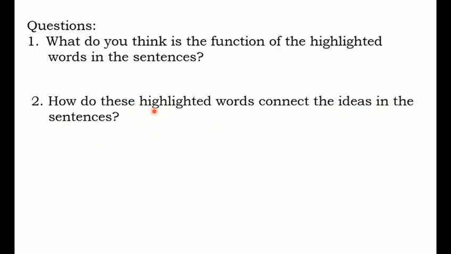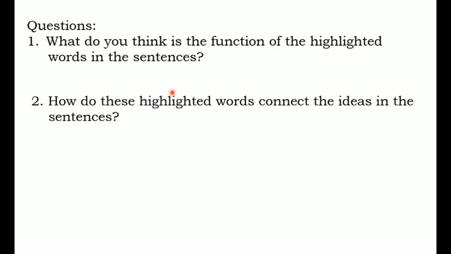They connect the ideas in the sentences by functioning as coordinating and subordinating conjunctions. Those highlighted words are used just to link the ideas. Pinagdudugtong lang niya yung mga ideas doon sa mga sentence.